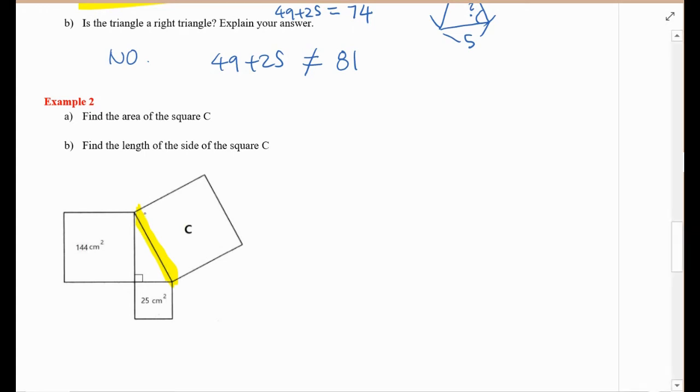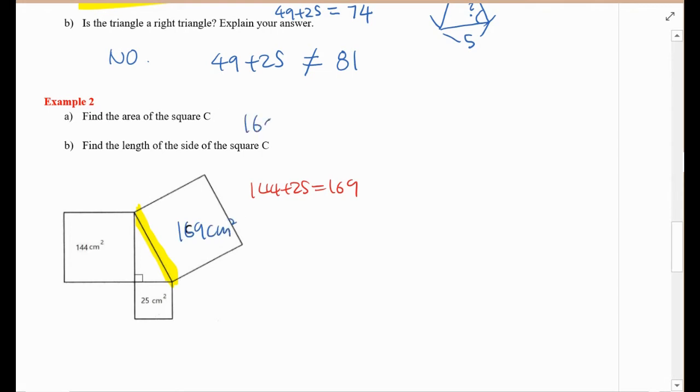Remember, the hypotenuse is the longest side facing the right angle, right? Okay, so 144 and 25, add them up. What do you get? 144 plus 25 is 169. So this is 169 square centimeters.